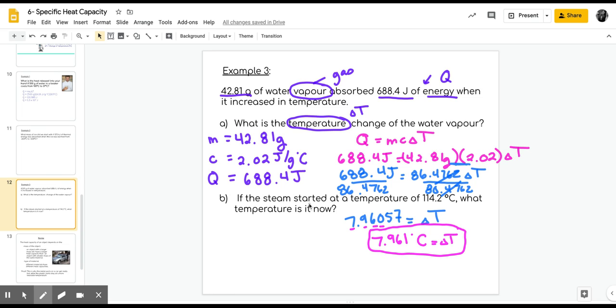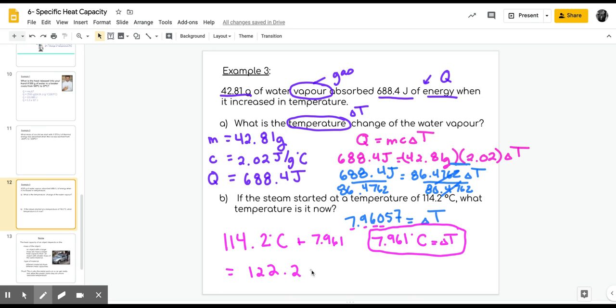Now, B asked me if the steam started at 114.2, okay, what is the temperature now? Well, it says it increased in temperature. So I started at 114.2. This was my change in, so plus 7.961. And I get 122.2, and now this is with sig digs.